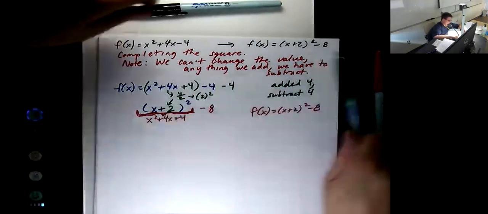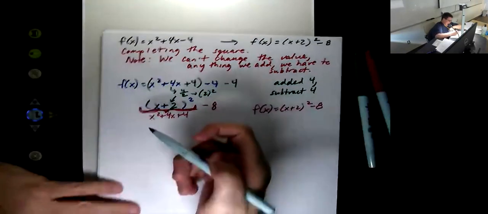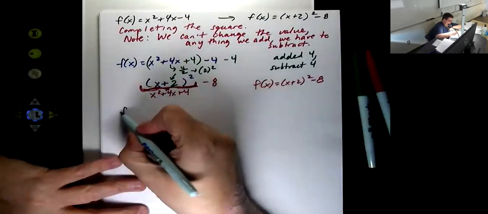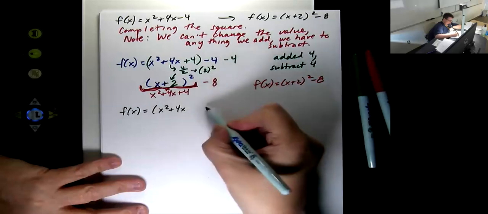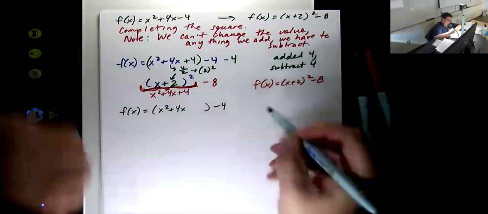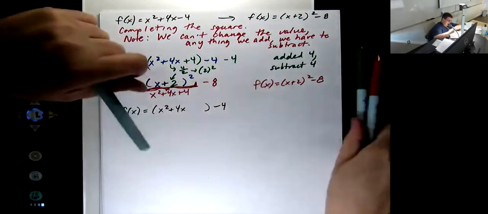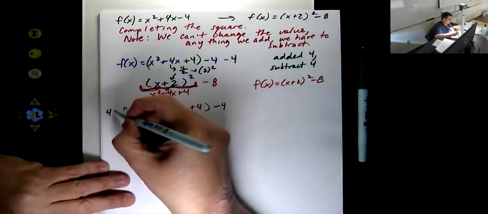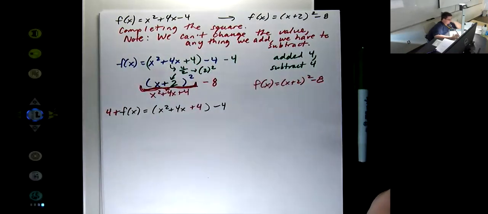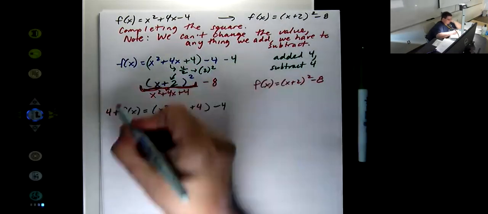If it helps you, when you add the 4 here, you can technically add the 4 over here as well. That's the way we did completing the square in the past.